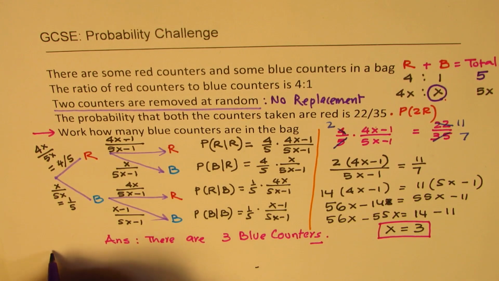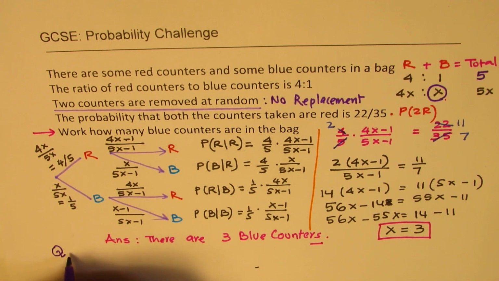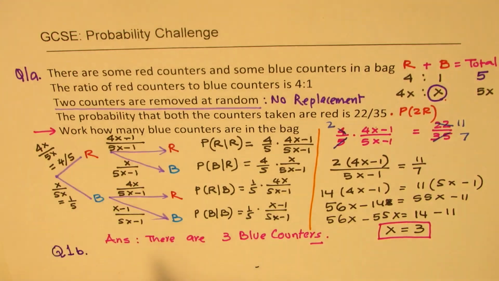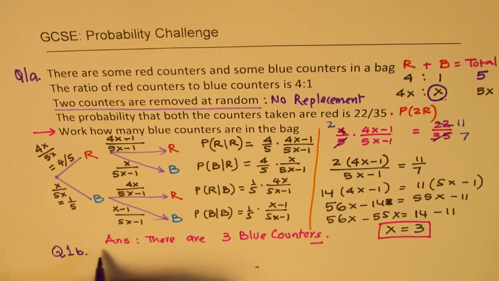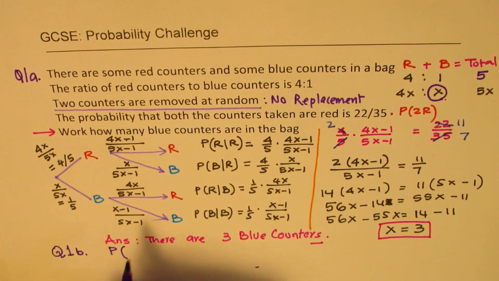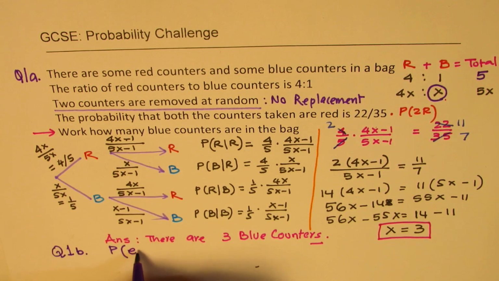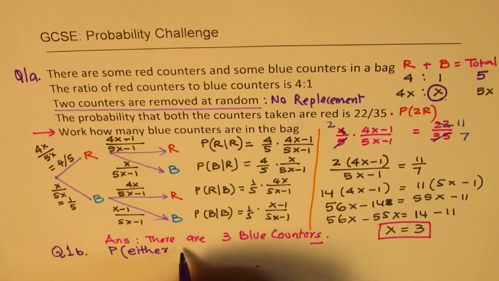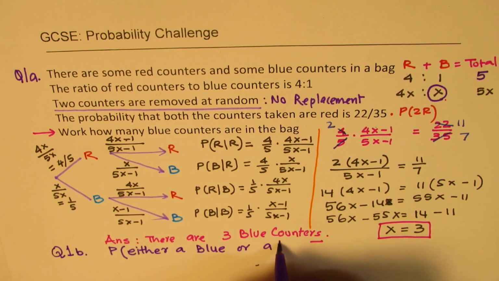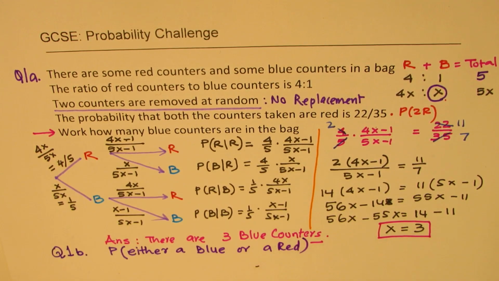Now, let me extend this question. Let me say this is question number 1b for you, and this is my question number 1a. So what is my question? I want you to calculate the probability for either a blue or a red, right?